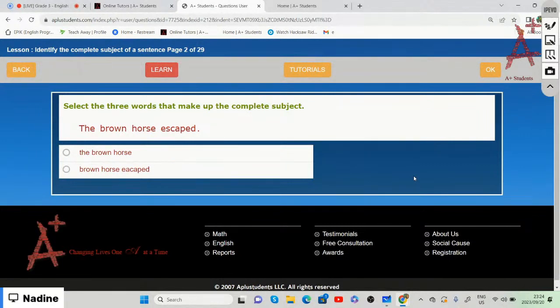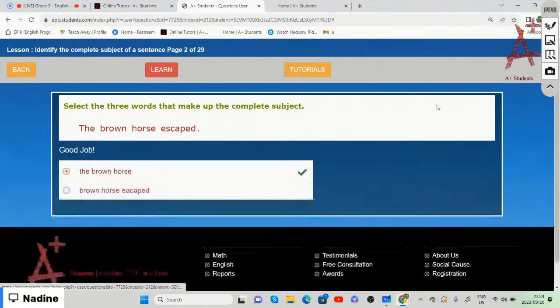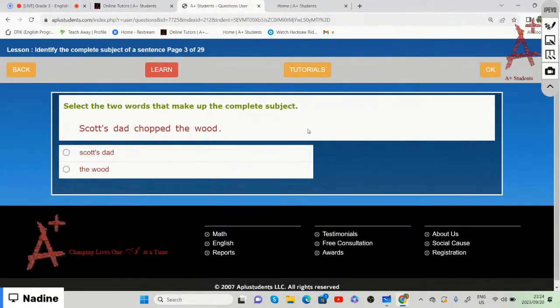All right, so if we select the correct words, then we can choose option one. Option one being the brown horse. So if you have the brown horse, then well done, because the brown horse is correct.